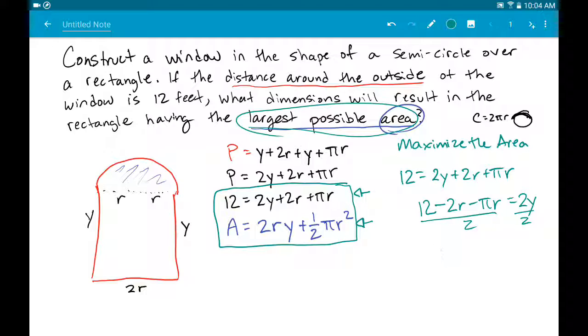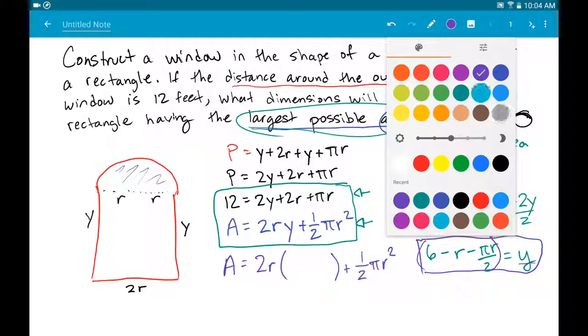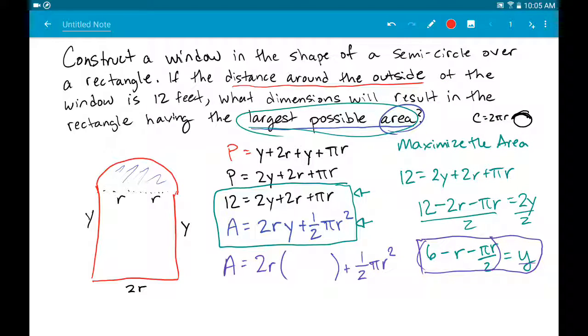What we've got is 6 minus r minus pi r over 2 equals y. This is a little messier than I expected, but sometimes math is. And so this expression for y, I can substitute into the area: I have 2r times y plus 1/2 pi r squared, and this expression, 6 minus r minus pi r over 2, goes right here.